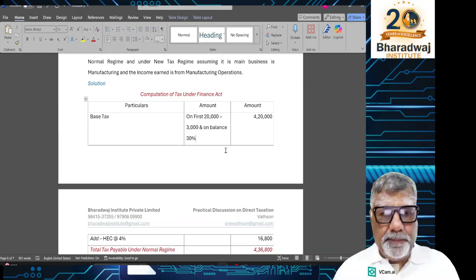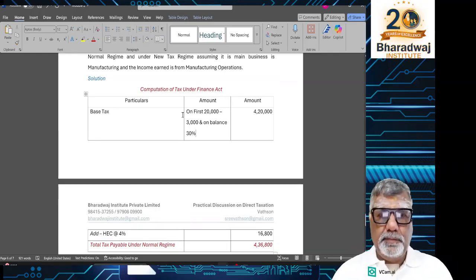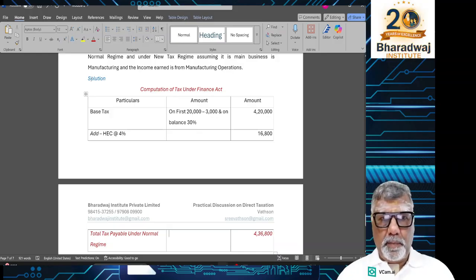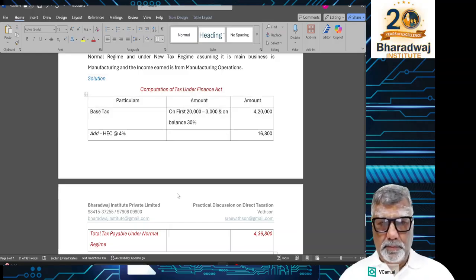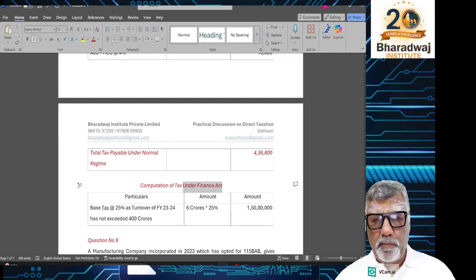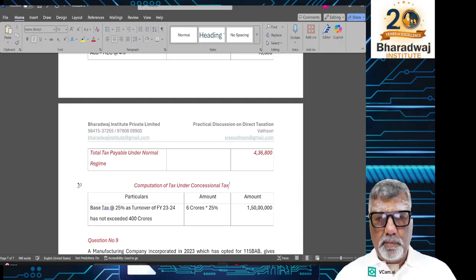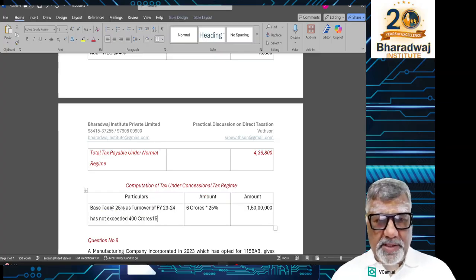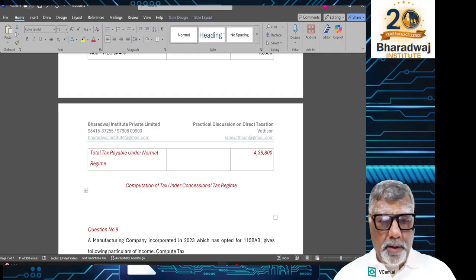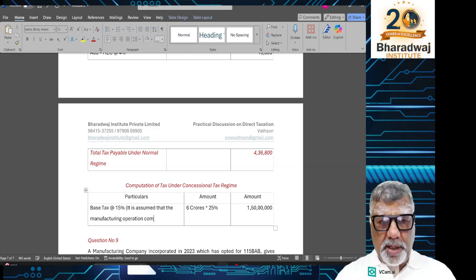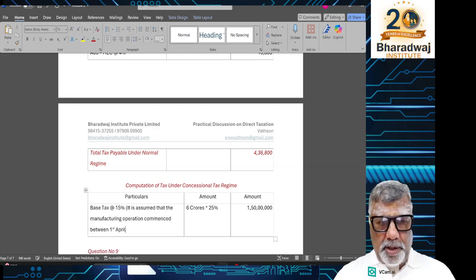You understood this? Base tax at 15%. It is assumed that the manufacturing operation commenced between 1st April 23 and 31st March 24.